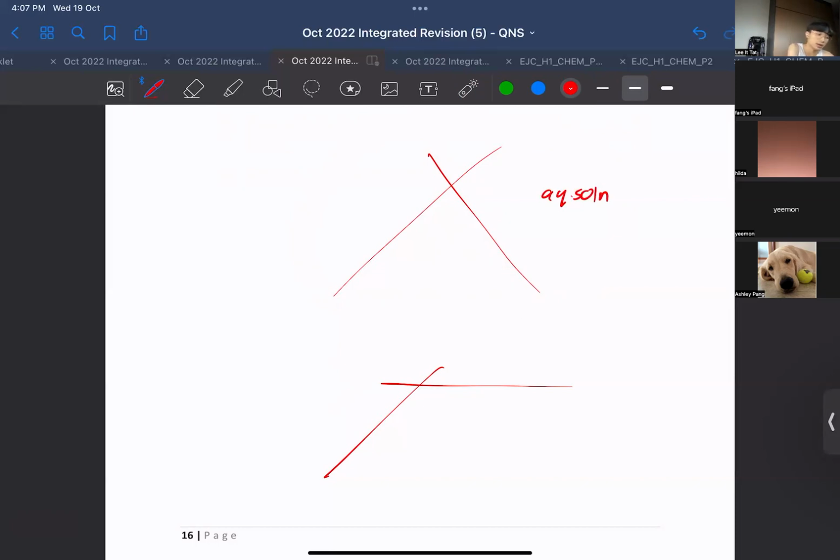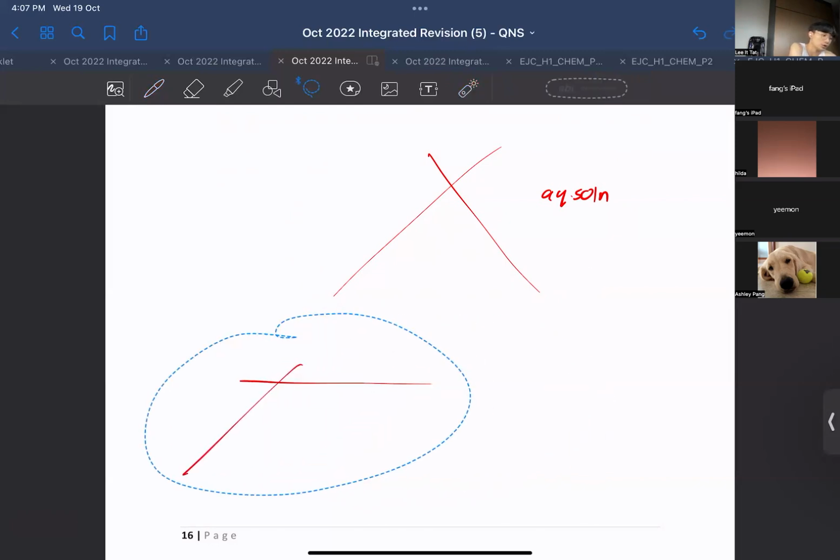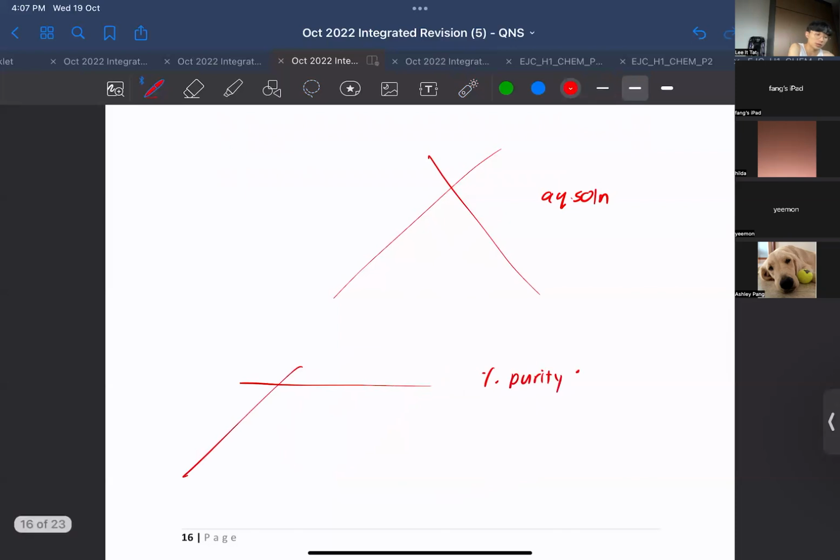But this scenario is very specific, in which they use this thermometric titration experiment to find the percentage purity of a solid.